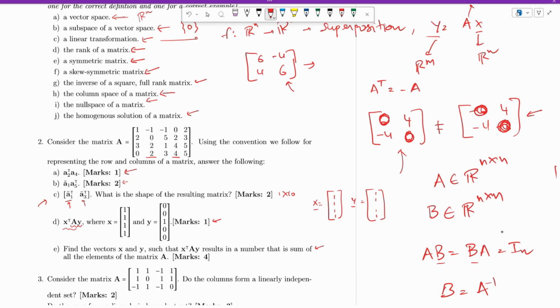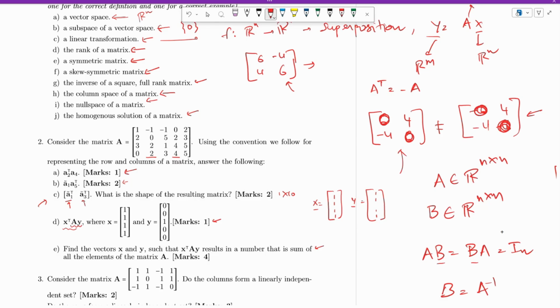Sum of what? AY, man. You're right, sum of something, but it's not rows. If you post multiply, you're taking the linear combination of the columns of the matrix, right? So you're essentially adding all the columns. And what is X transpose doing then? If you pre-multiply by a row, you're taking the linear combination of the rows. You're adding all the rows of AY.